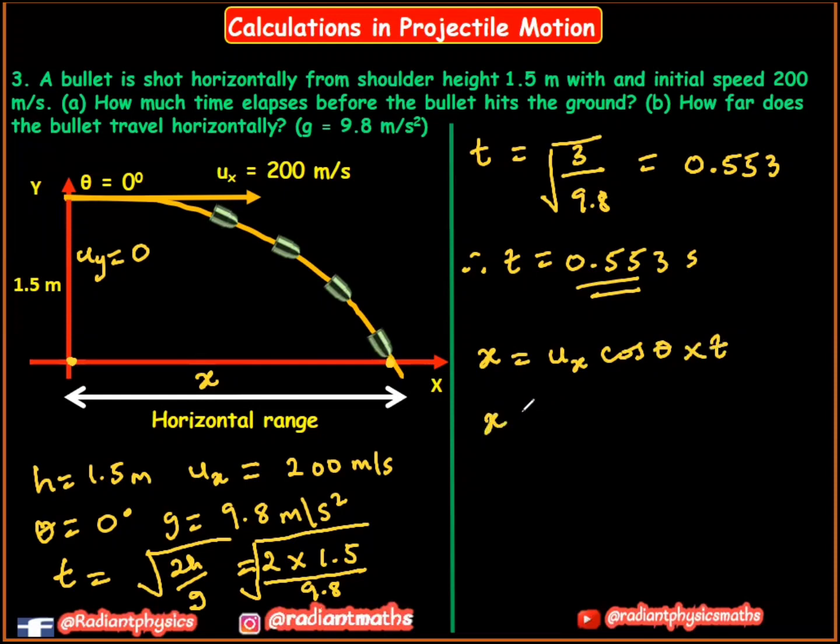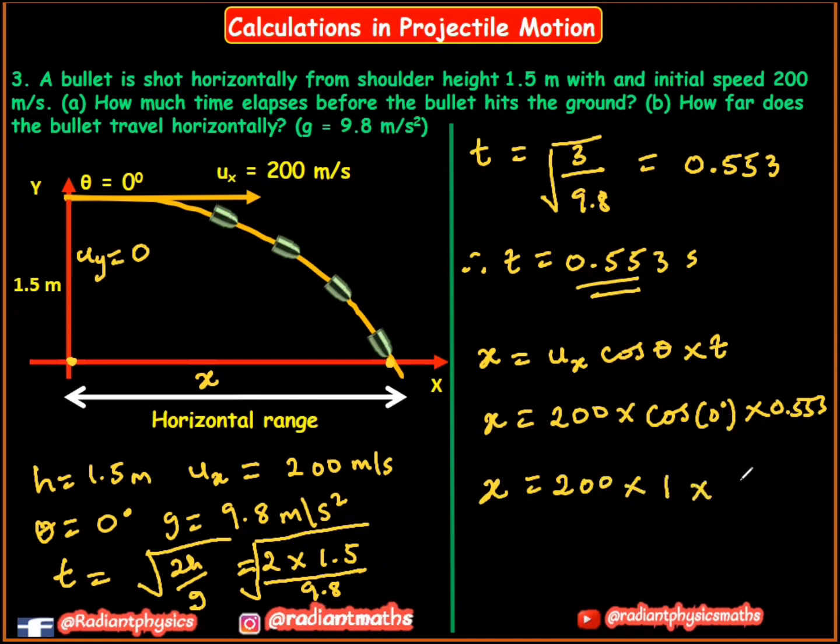So we plug in what we have. The initial velocity along this path is given as 200 multiplied by cos theta, so cos 0 degrees in this case, multiplied by the time given to us, 0.553. That is what we found. Then X equals 200 times cos 0, which is always 1, times 0.553.